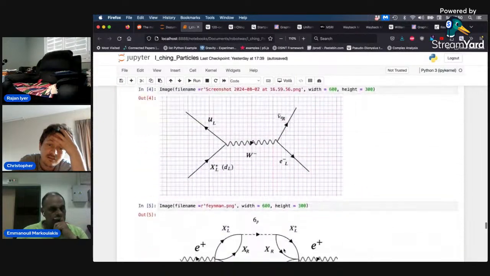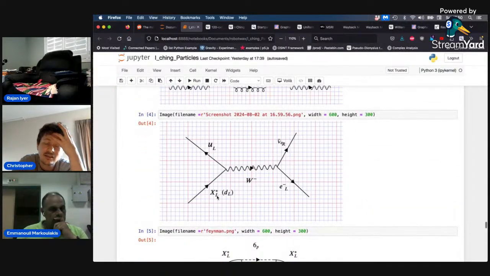Or would they sit in the same place? If the star Wen left-handed particle is the down, then it could decay using the W minus boson into an electron and an anti-neutrino electron and an up quark.